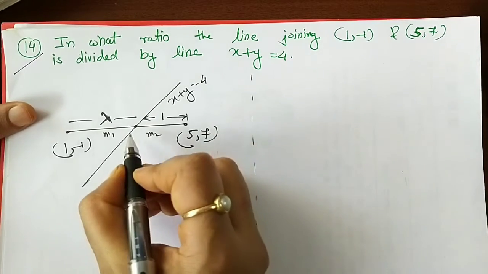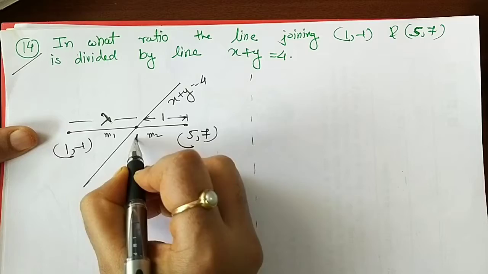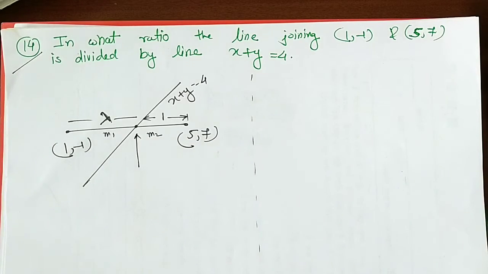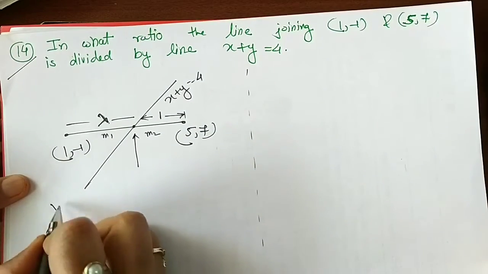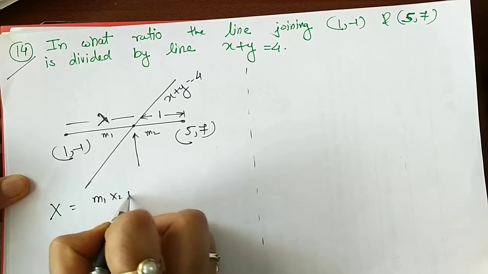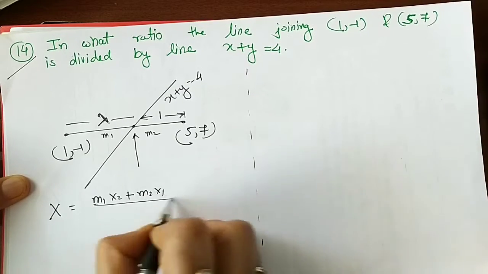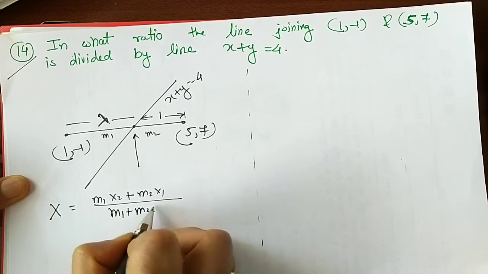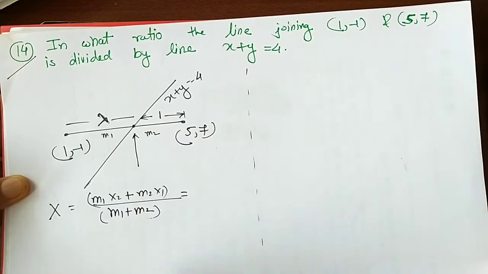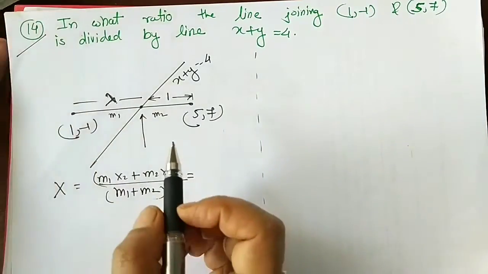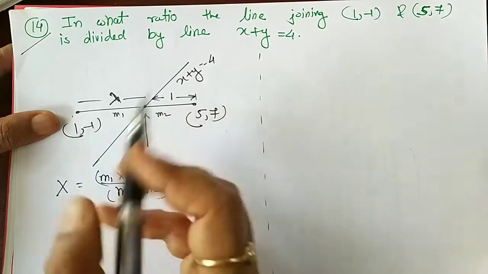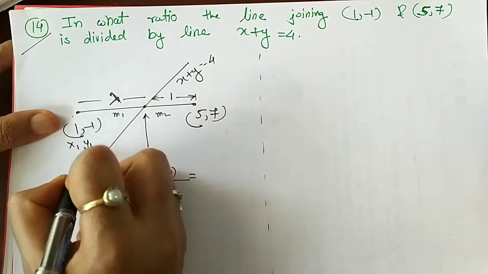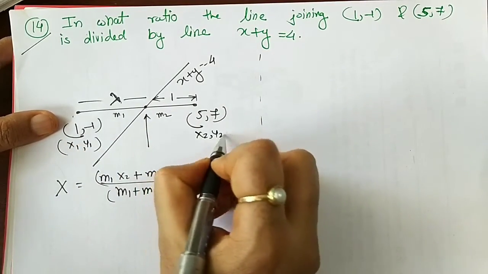Now we know the point is given by x is equal to (m1 x2 plus m2 x1) by (m1 plus m2). This is given like this. Okay, now I will put it in. This is x1, y1, and this is x2, y2.